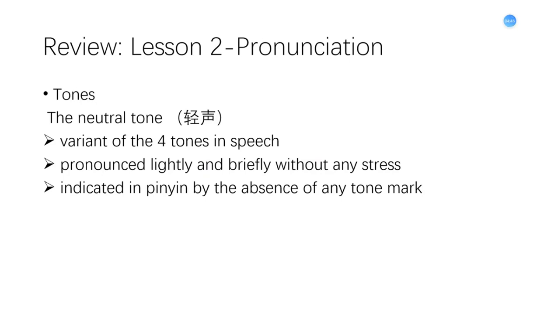It is only a variant of the four tones in speech. The neutral tone is always pronounced lightly and briefly without any stress. In Pinyin, we indicate the neutral tone without giving any tone mark, so there is an absence of any tone mark above the syllable, and we know it is a neutral tone.